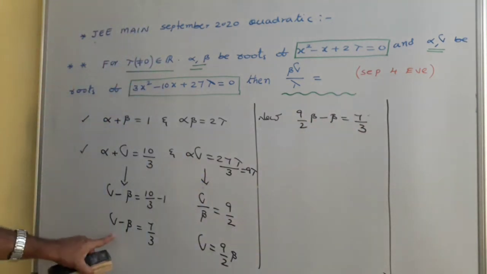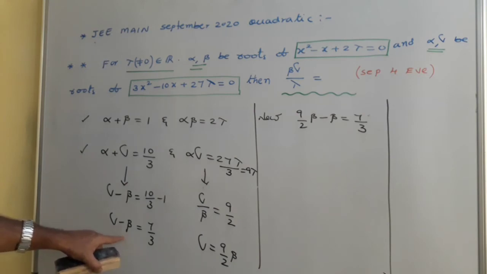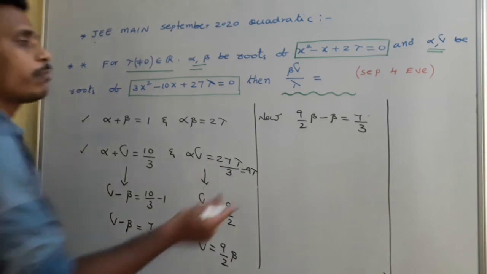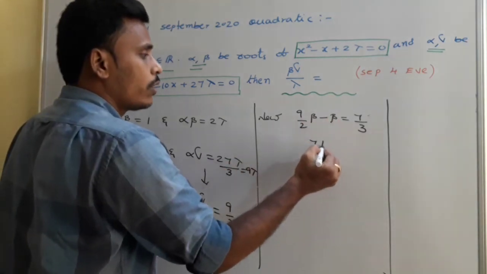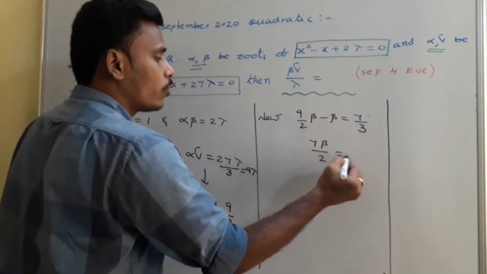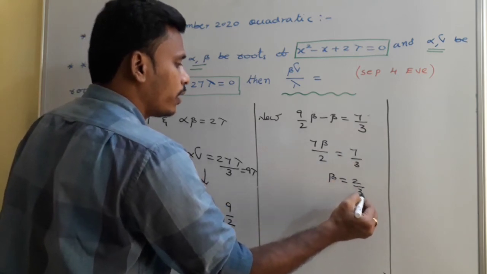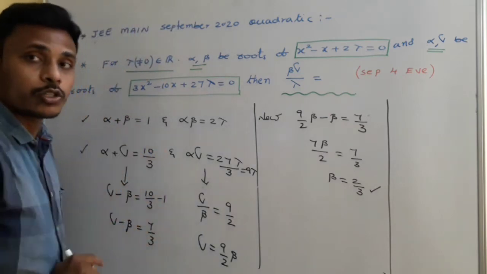Here I have gamma minus beta is equals to 7 by 3, and gamma is 9 by 2 beta. On simplification, 7 beta by 2 is equals to 7 by 3. So beta is equals to 2 by 3.